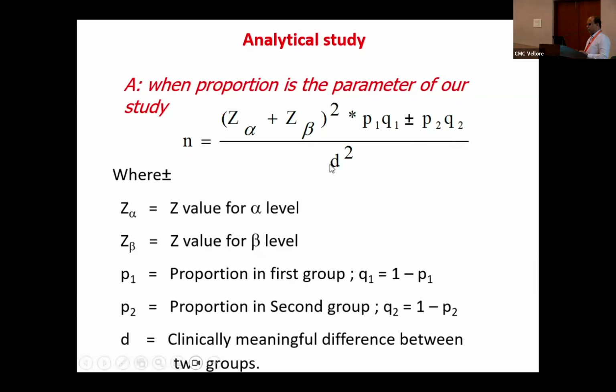And these are standard values: for alpha 0.05, it is 1.96; for 80% power, 0.842; and for 90% power, 1.282. So these are the standard values. If you don't have access to software, you can do it manually. It's a very simple calculation.